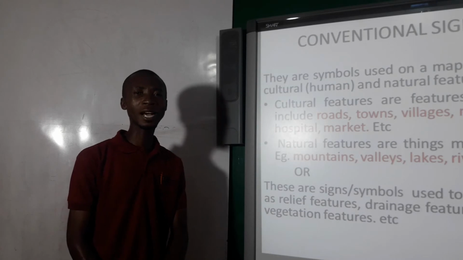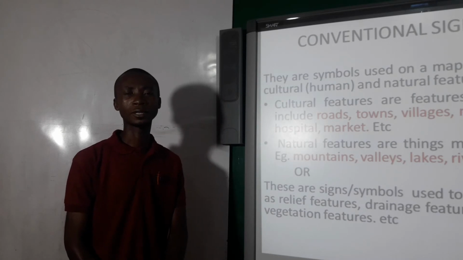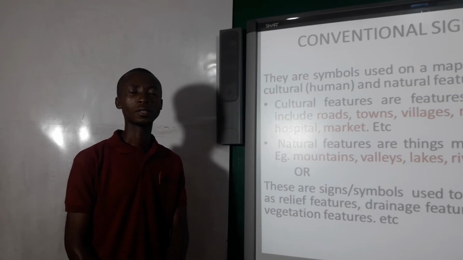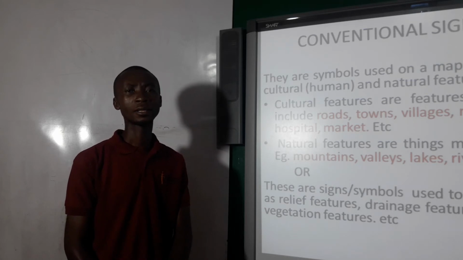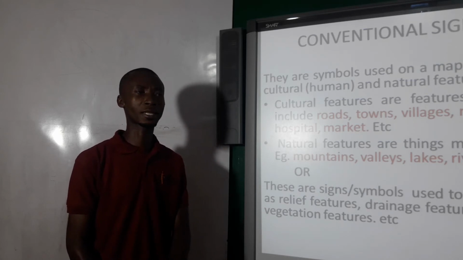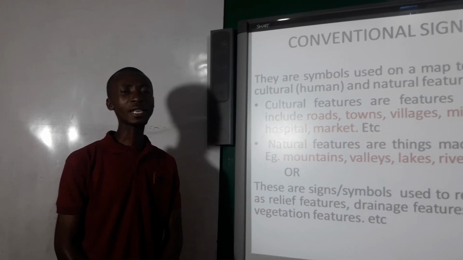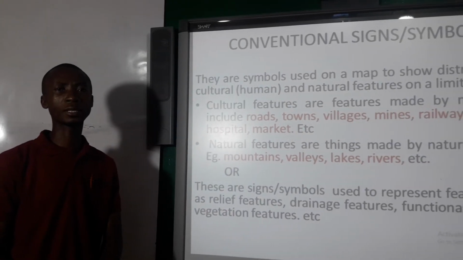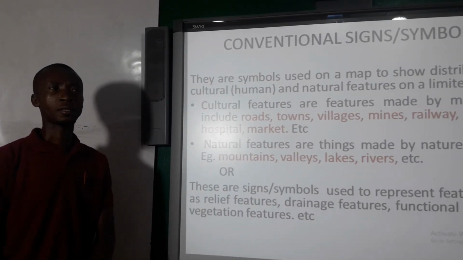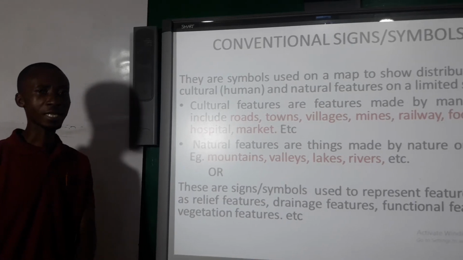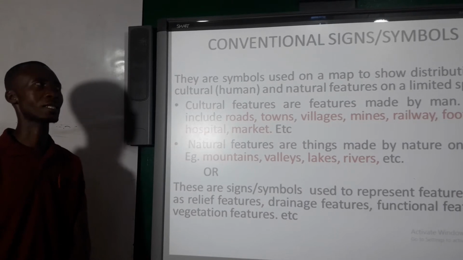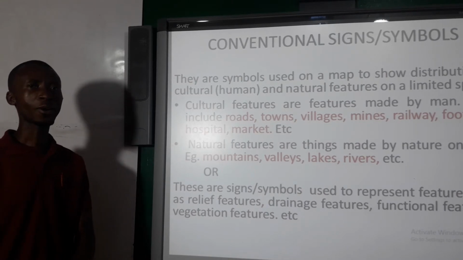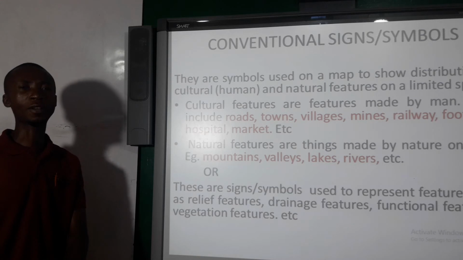Without conventional signs or symbols, it will be difficult for a map maker to summarize his work on a limited space. So conventional signs are very, very important. So today, as I said, we are going to discuss conventional signs and their importance. So let's look at the meaning of conventional signs.